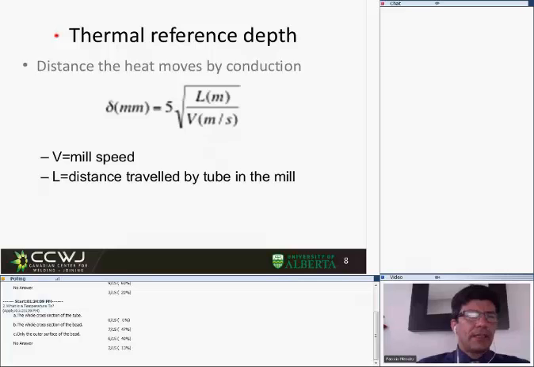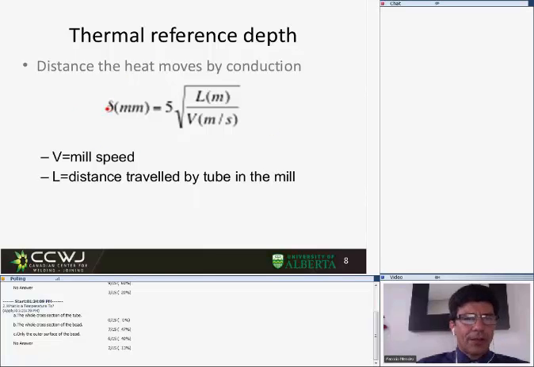It has many names, but in analogy with the electrical reference depth that is often used in induction heating, I name this a thermal reference depth. In the course, we have discussed in quite a bit of detail the subtleties of thermal versus electrical reference depth. So for this thermal reference depth, you get to see in the slide we have this formula.